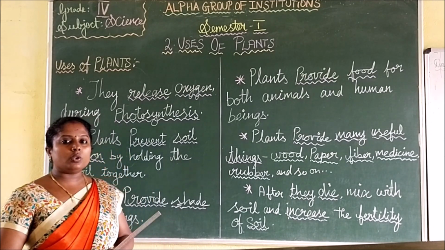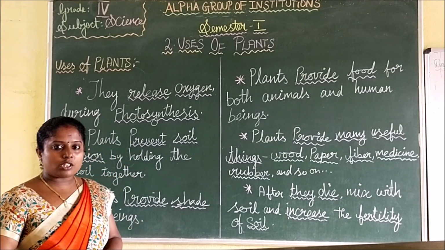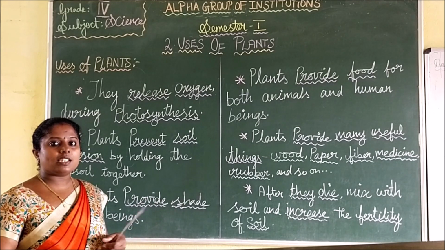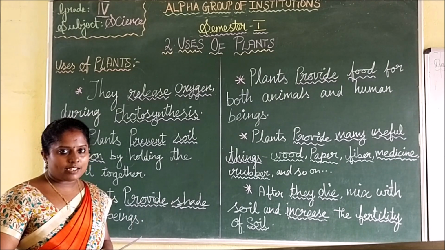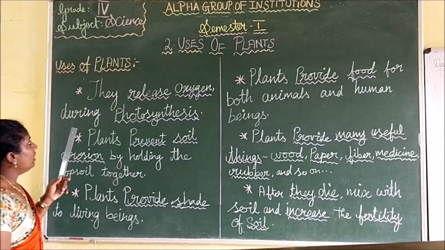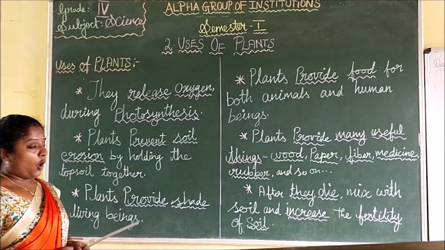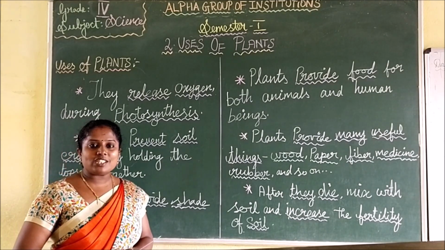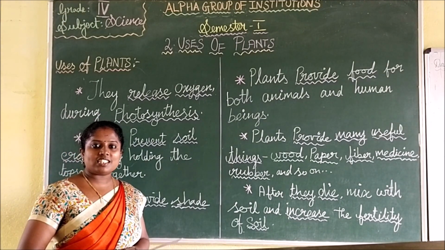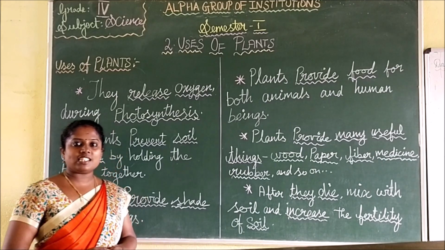Now we'll go to the uses of plants. We'll discuss some important points about the uses of plants, right? Plants release oxygen during photosynthesis. What is photosynthesis? We discussed and learned about this in the first lesson, right?